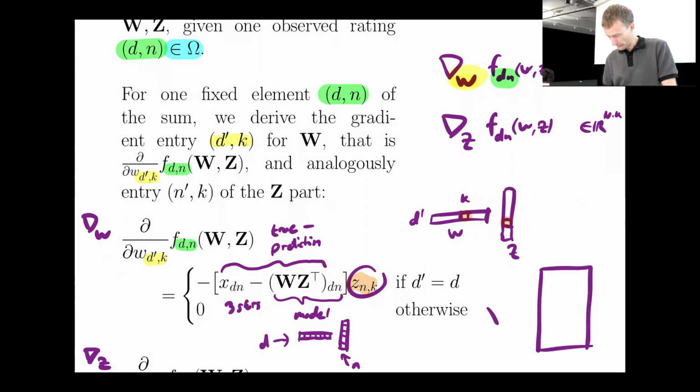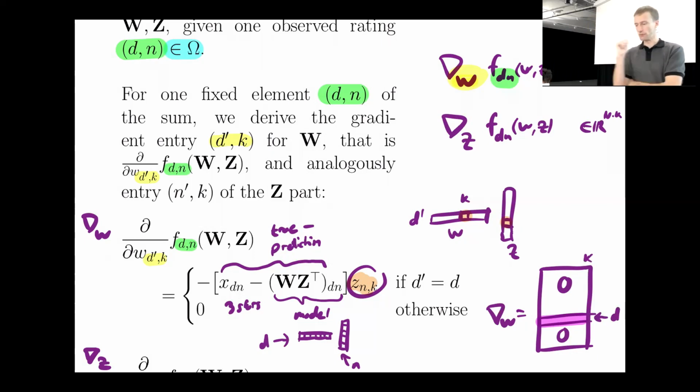So this is the gradient, it's 0 everywhere, except at this particular row. Which row was this? The row D. And then of course it's for any K you want.